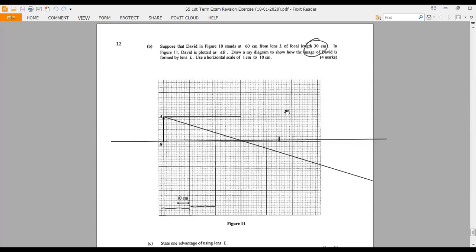Let's draw again. Okay, it's a concave lens, that's right. Now, parallel light ray will go to the focus, so you may also draw this line. Now, but the focal point should be at this point, in fact, since it is a concave lens, so the light ray should be coming from this point to this point.